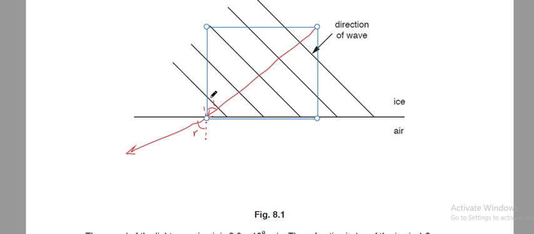Okay, so to draw the wavefronts of light in air, it should be in a way that a direction parallel to the refracted arrow that we just drew must be perpendicular to the wavefront that we intend to draw. So we can make something like this.